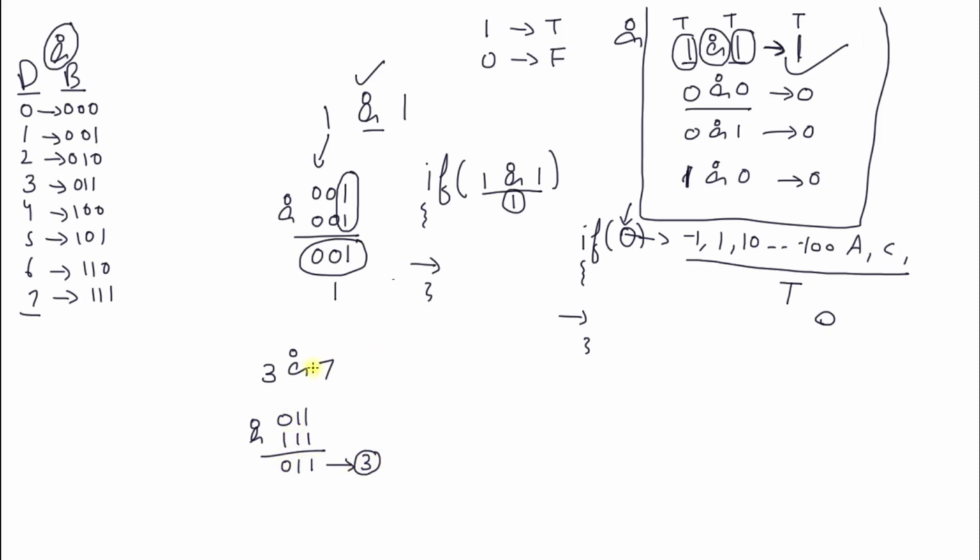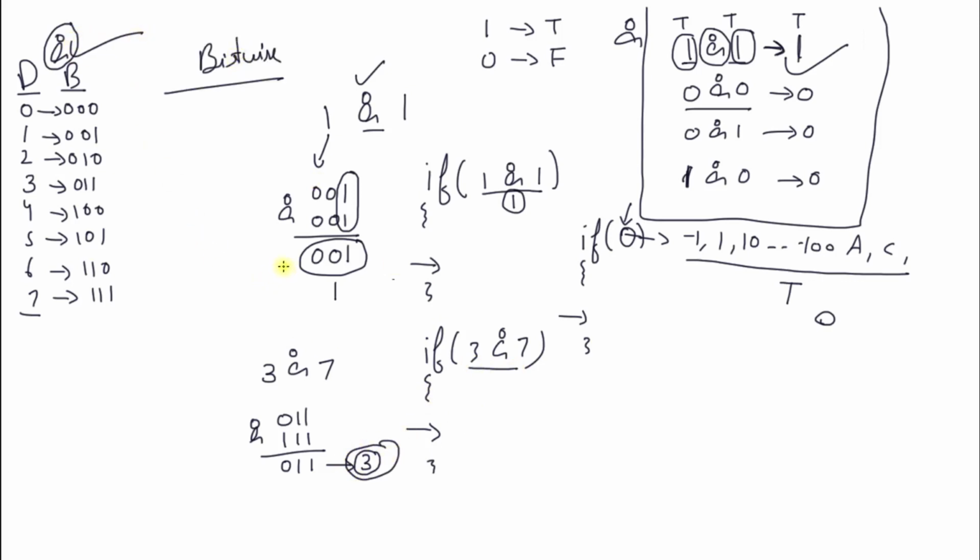So if you have written this expression like if 3 AND 7, you would be allowed to go inside this if, because this is producing 3 here and 3 is non-zero. So this is how the AND operation works.